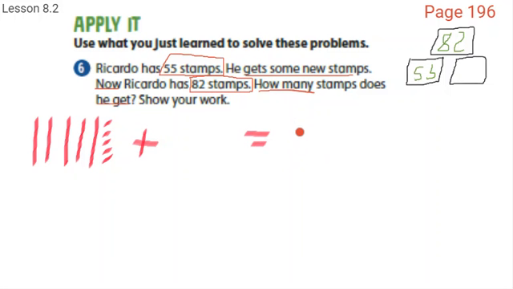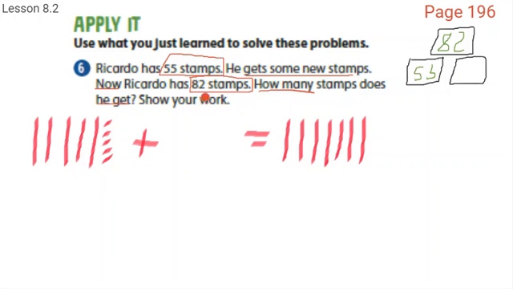And I'm going to do something a little bit different. I'm going to decompose one of those tens. So I'm just going to say 7 tens, 10 rods. 1, 2, 3, 4, 5, 6, 7. And then if I have 7 tens, how many ones do I have left? So I'll have 1 ten and then 2 ones.